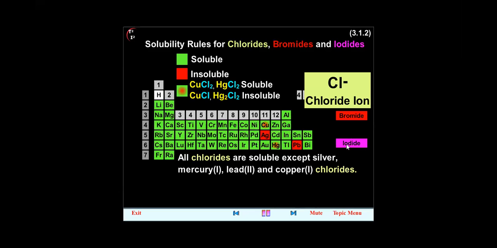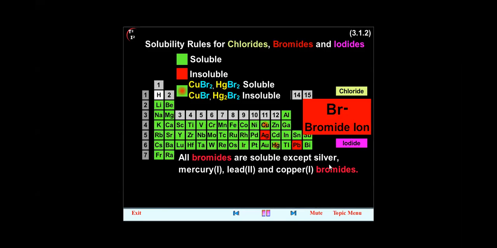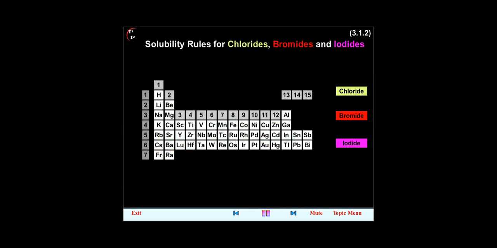All chlorides are soluble except silver, mercury 1, lead, and copper 1 chlorides. All bromides are soluble except silver, mercury 1, lead, and copper 1 bromides. Now, did you see the pattern?